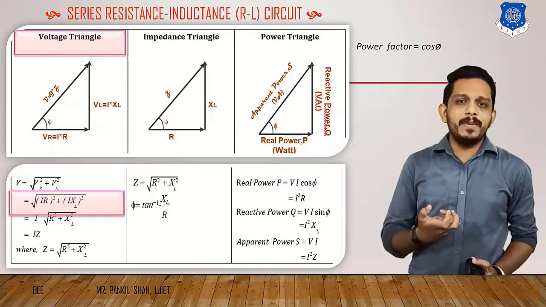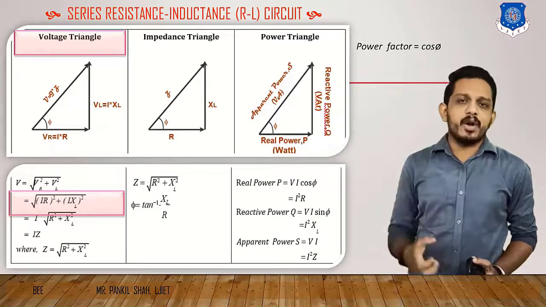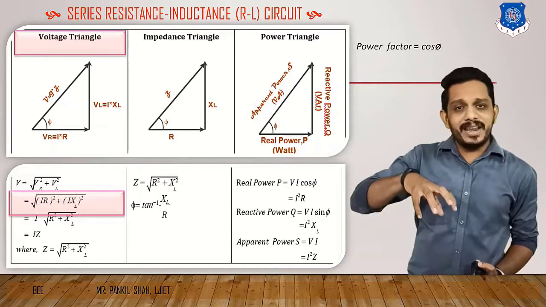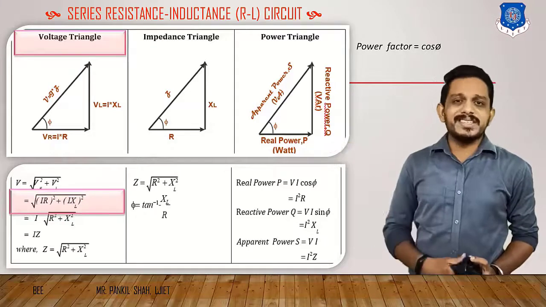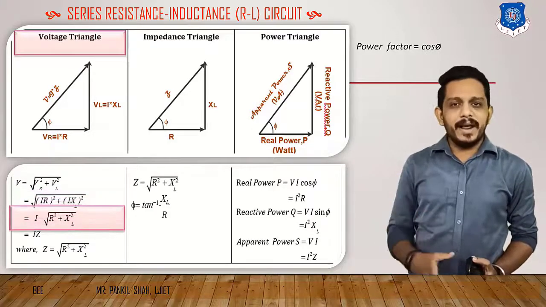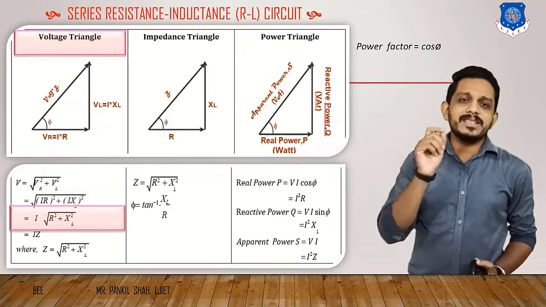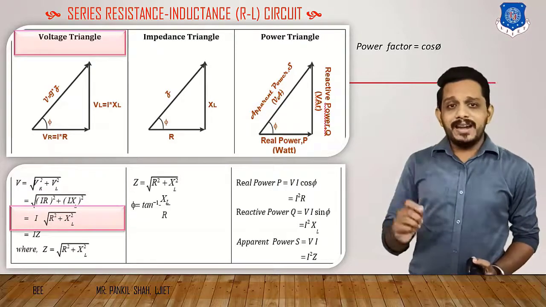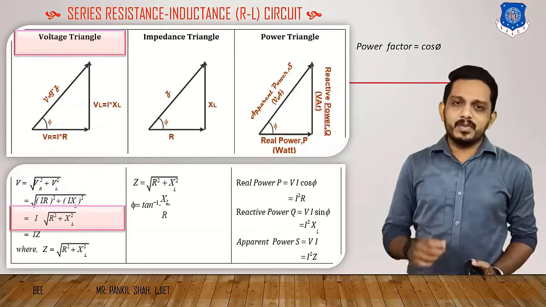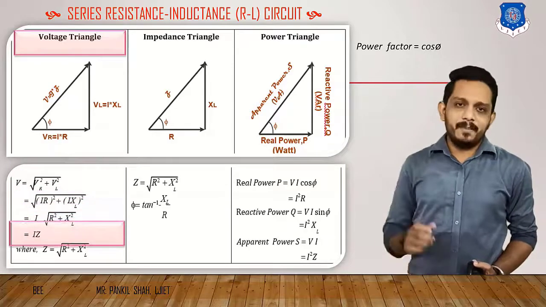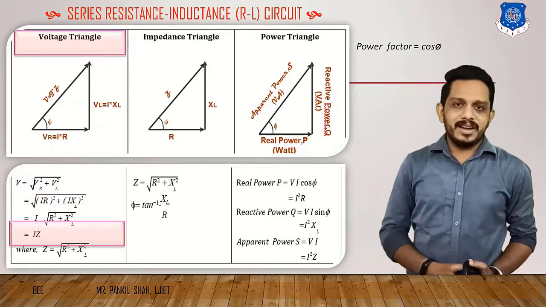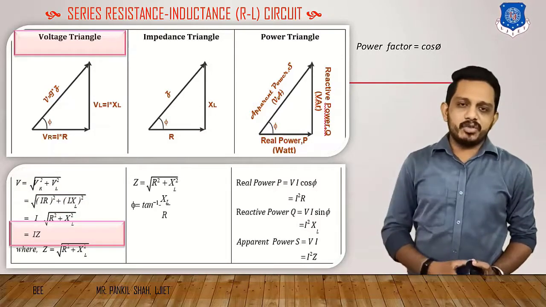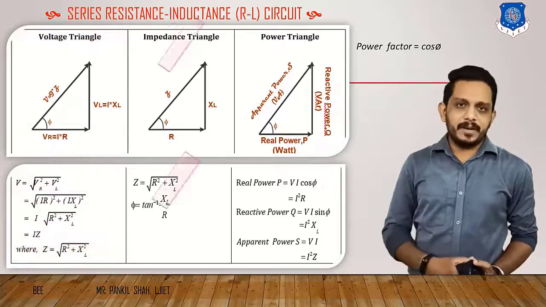So I square is common, and if we take I square outside that square root, then it will be I. So V is equal to I, in brackets, square root of R square plus XL square, and this is nothing but Z, the impedance of your circuit. So this is the voltage triangle of series RL circuit.